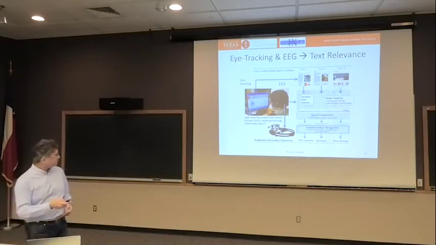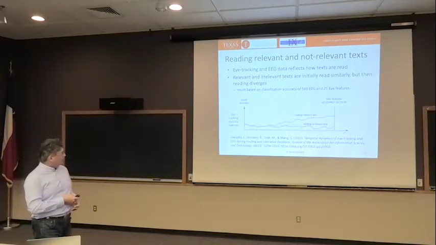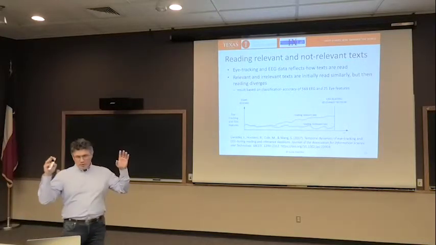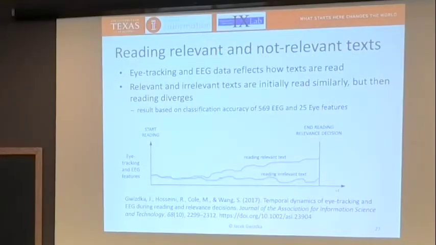In one of the studies, in addition to more traditional inferential statistics, we also used machine learning approaches, for example, classification. We used well over 500 features from EEG signals and 25 from eye tracking.